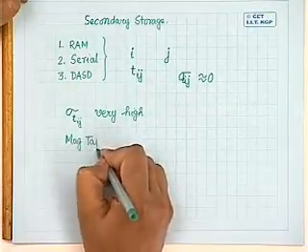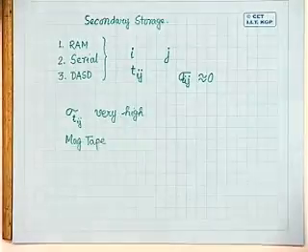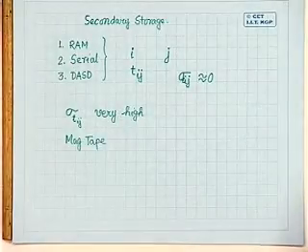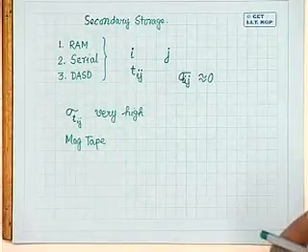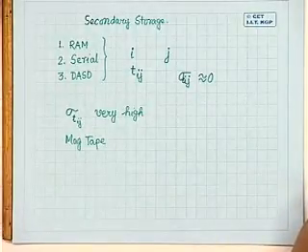So you know that if you are accessing the first record in the magnetic tape, and the next time we want to access a record which is just after the first record, that is the second record, in that case Tij will be simply the time taken to move from the first record to the second record.